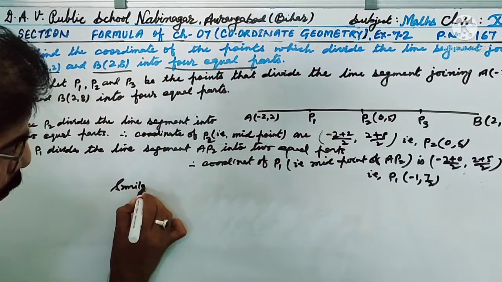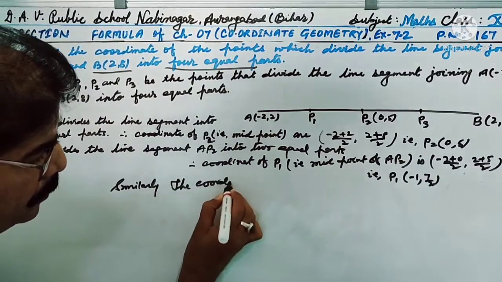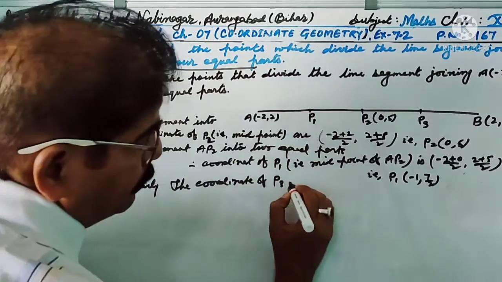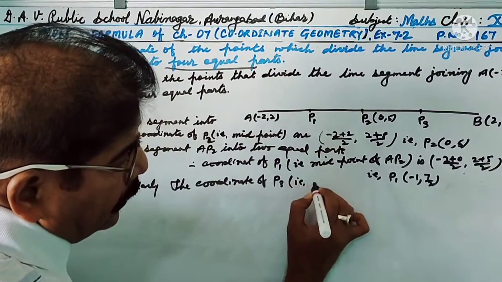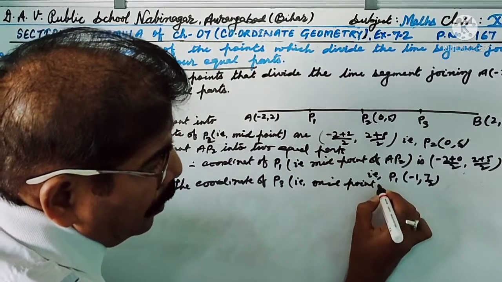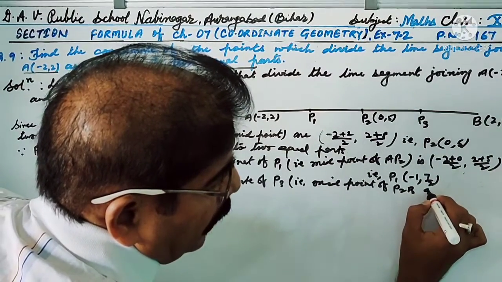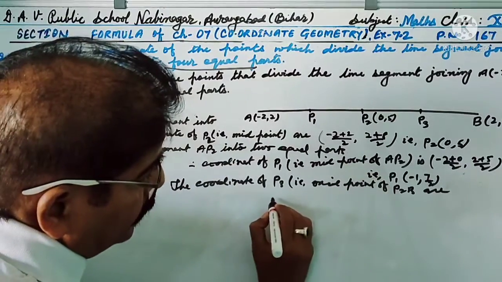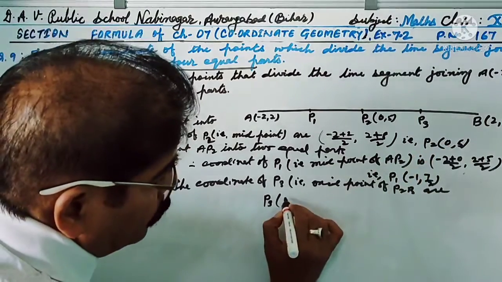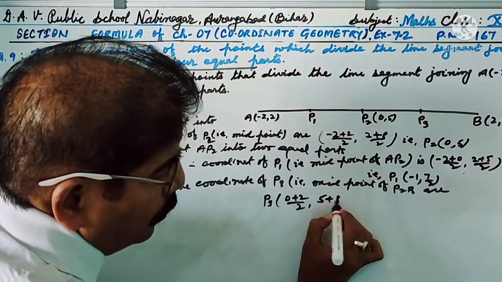Similarly, the coordinate of P3, that is the midpoint of P2B, are ((0 + 2)/2, (5 + 8)/2).